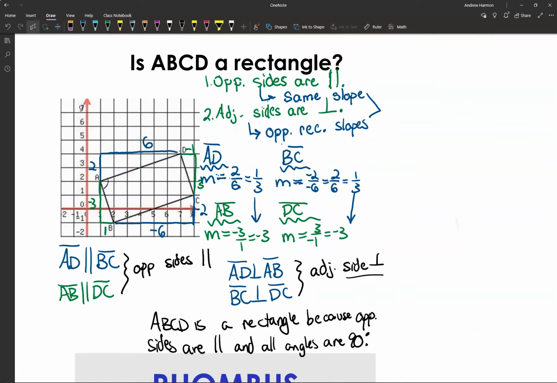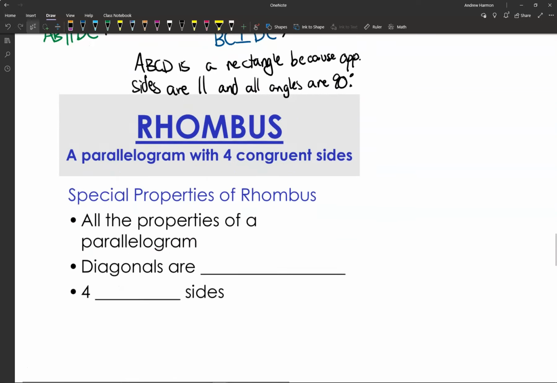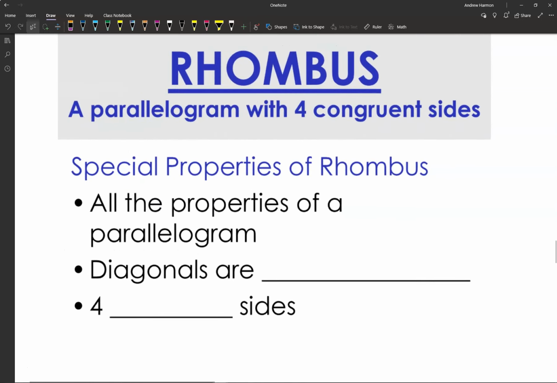And in this next problem, we're going to look at a rhombus. So a rhombus is again a parallelogram, but all four sides have to be congruent for it to be a rhombus. So it has all the properties of a parallelogram plus congruent sides.